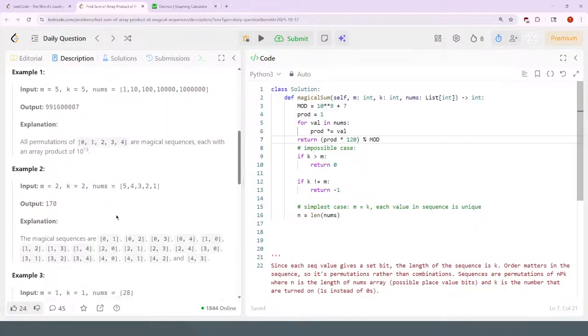So for the second one, what are you dealing with? Every combination product is going to be duplicated because there's going to be two sequences with that combination. 0, 2, 2, 0.